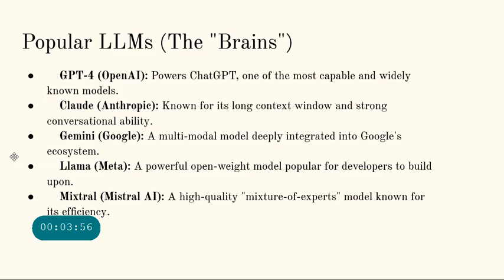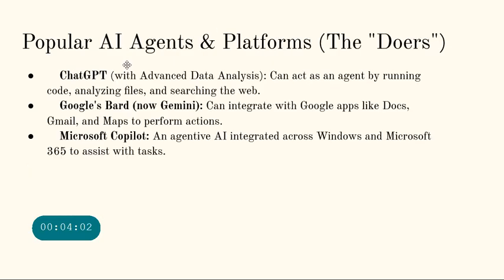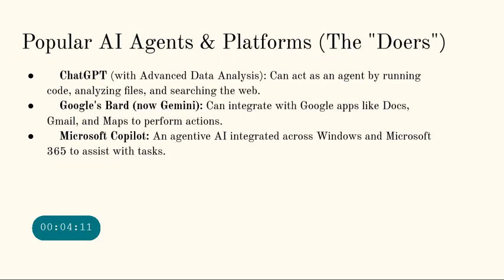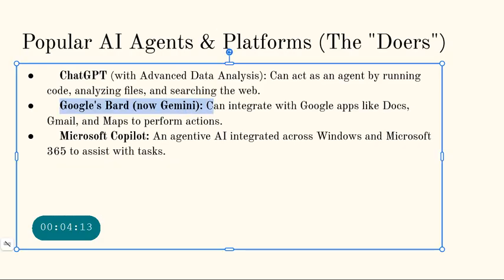And let's look at some agents with which we can use some of these LLMs, right? As I said, ChatGPT is the agent. It can use these GPT models that I just showed you. Google's Bard is the agent that can work, as I said, with Google Docs, Gmail, Maps.